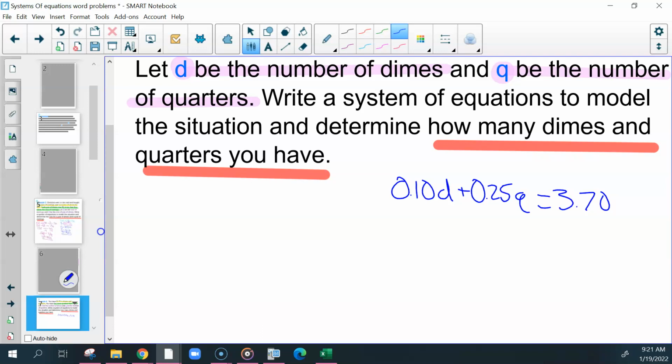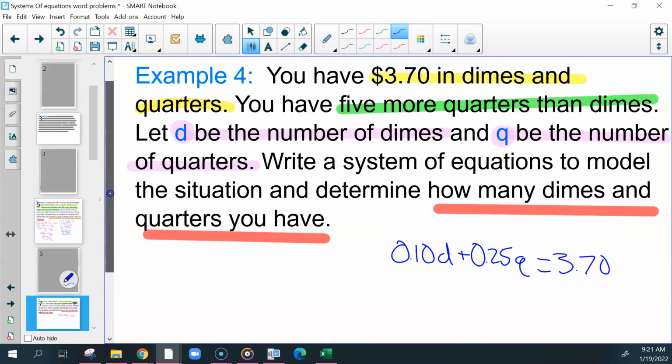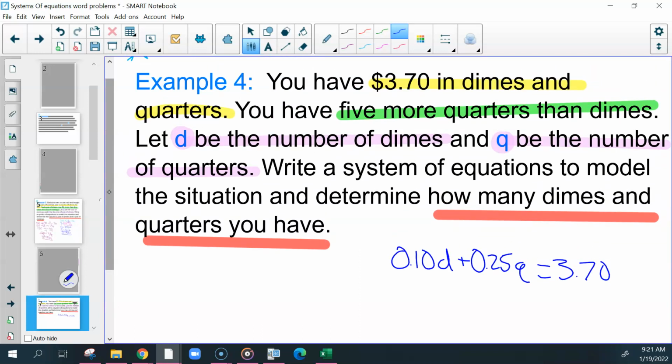Okay, that's one. Our other one is going to deal with this 5 more quarters than dimes. Anyone want to take a guess as to that one?